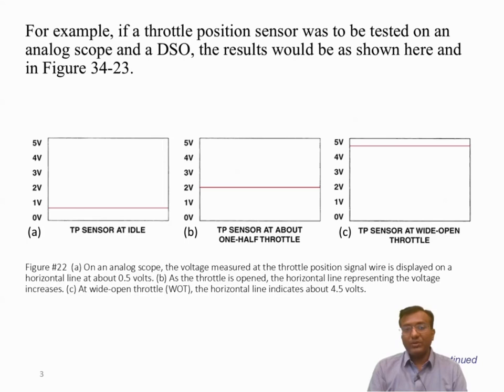As the throttle of a TP sensor is opened, the horizontal line representing the voltage increases. And in figure C, you can see that when there is a wide open throttle, the horizontal line indicates about 4.5 volts, which is provided to the sensor.